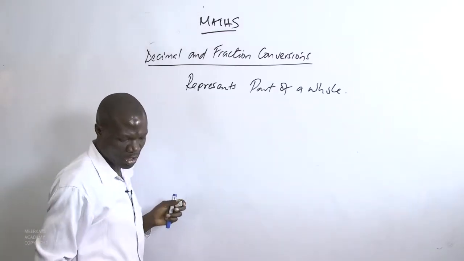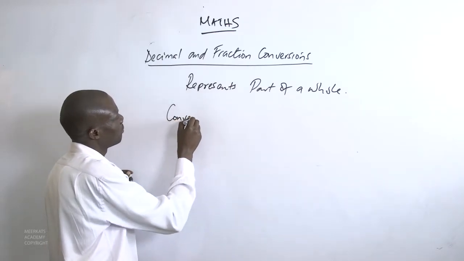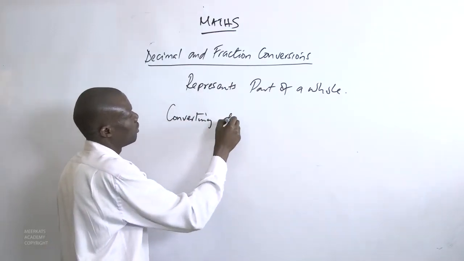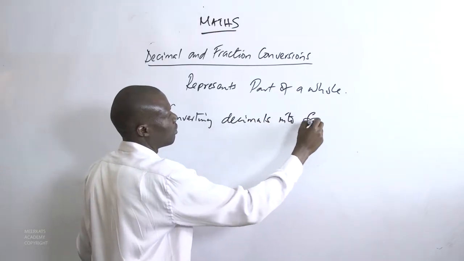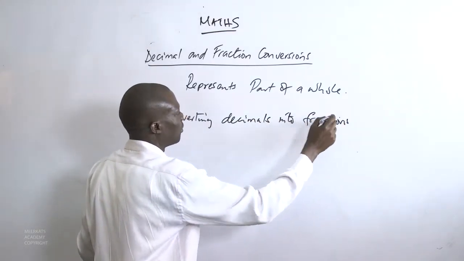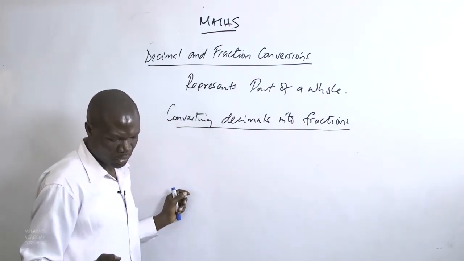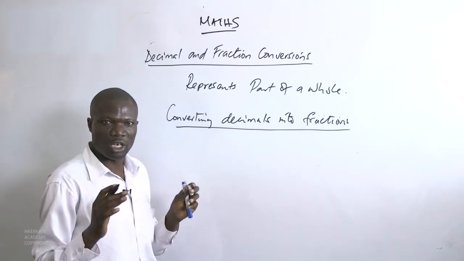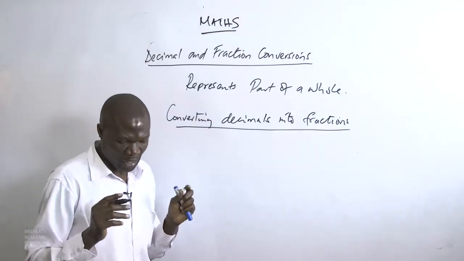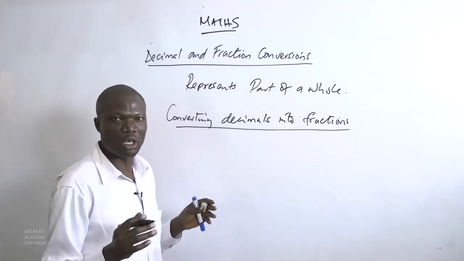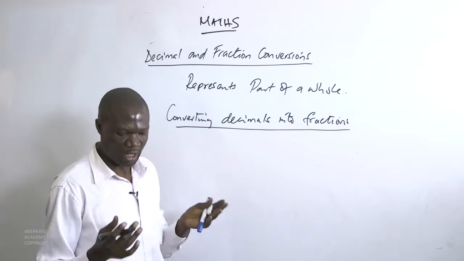So first, let us look at converting decimals into fractions. We shall use the knowledge of place values as we saw it in our previous class. At this particular time, if the denominator is a power of 10, then it becomes much simpler.